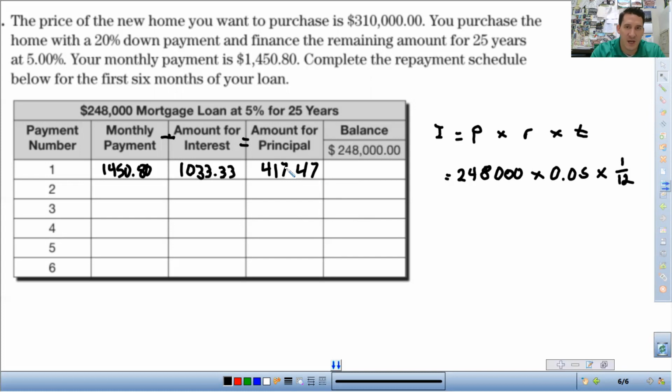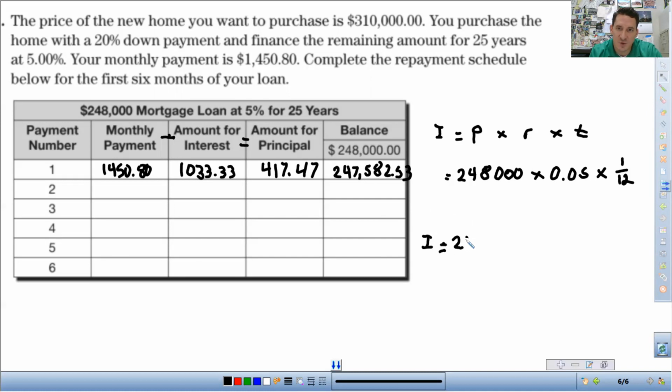So 248,000 minus 417.47 comes out to 247,582.53.